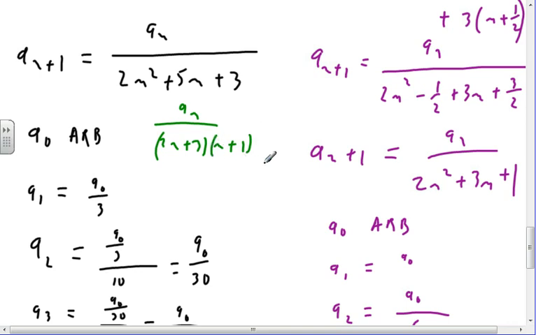Not that that matters any. A0 is arbitrary. A1, okay, this is going to be A0 over... I got a 5 in there already.